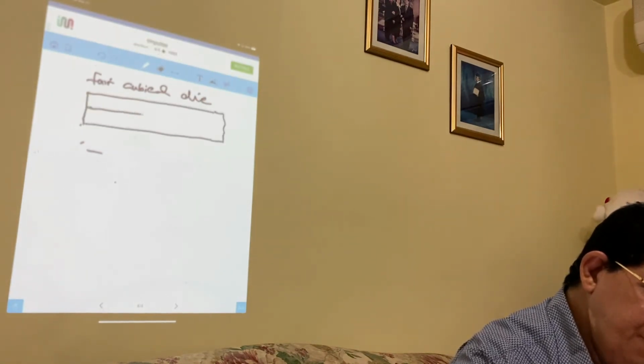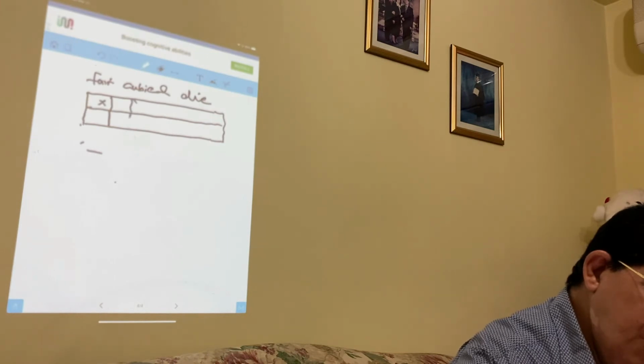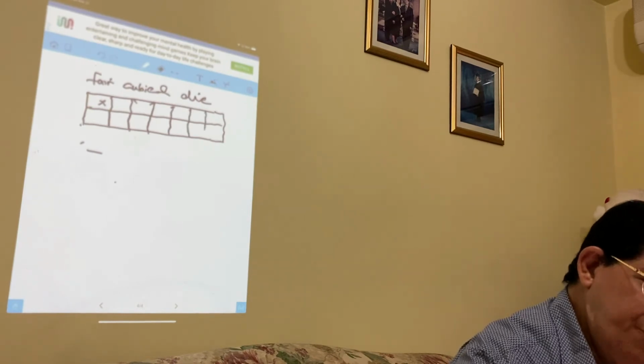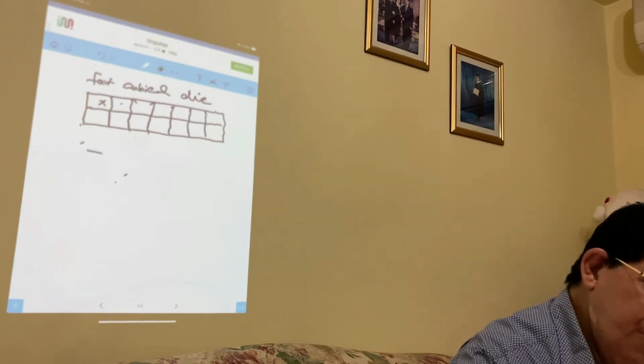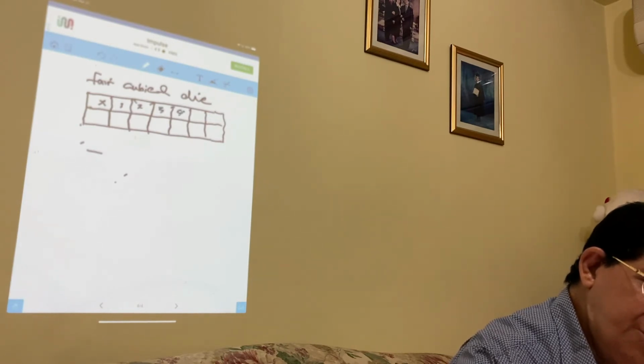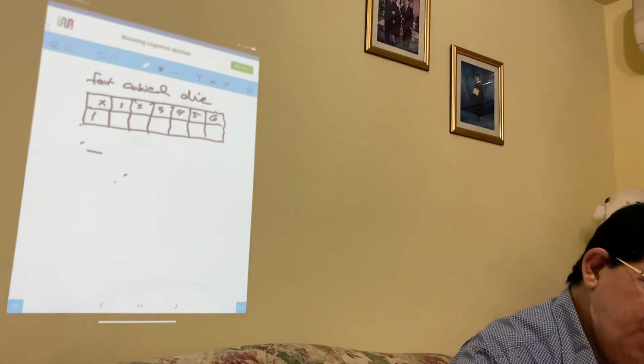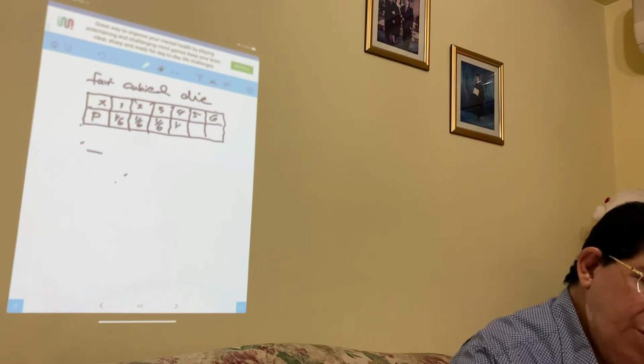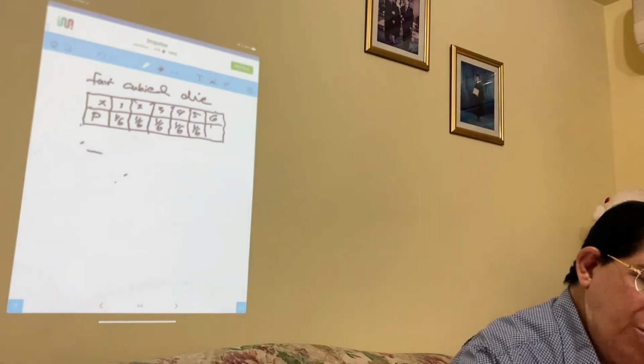Now, x could be 1 or 2 or 3 or 4 or 5 or 6. And the probability is 1 over 6, 1 over 6, 1 over 6, 1 over 6, 1 over 6, and 1 over 6.